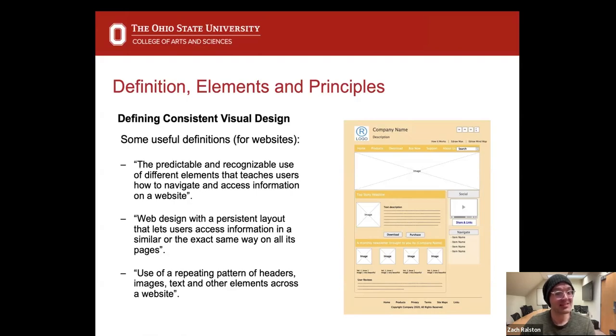Web design with a persistent layout that lets users access information in a similar or the exact same way on all its pages. Or you could use the description of a use of repeating patterns of headers, images, text, and other elements on a website. And we're going to be digging into what elements are, just so we're not confused on that terminology.